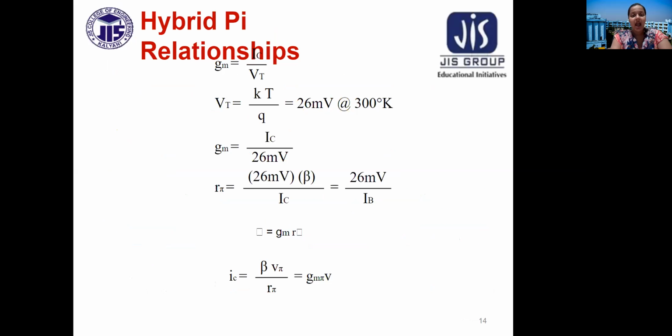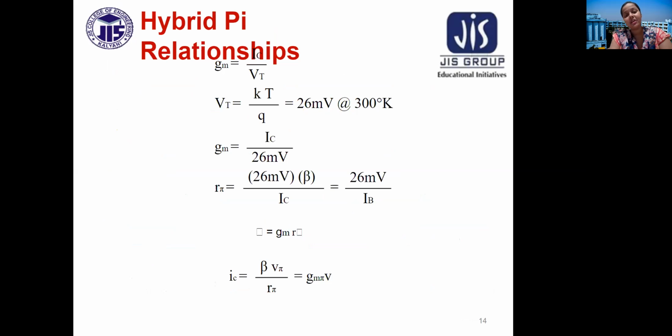Hybrid pi relationship. We all know gain is the ratio between output and input. So here in our transistor model, collector current is the output, whereas the source voltage is the input. So gain can be written as IC by VT. The value of VT may vary.